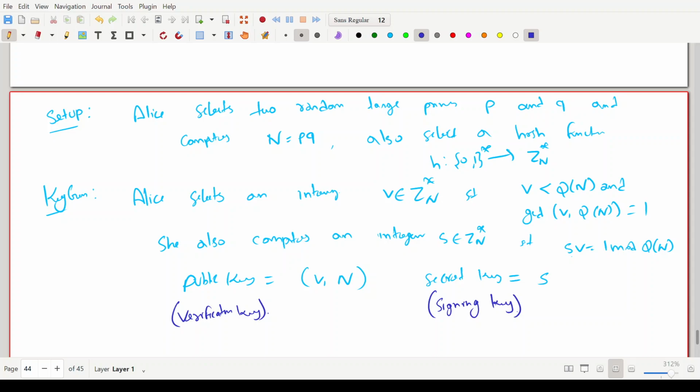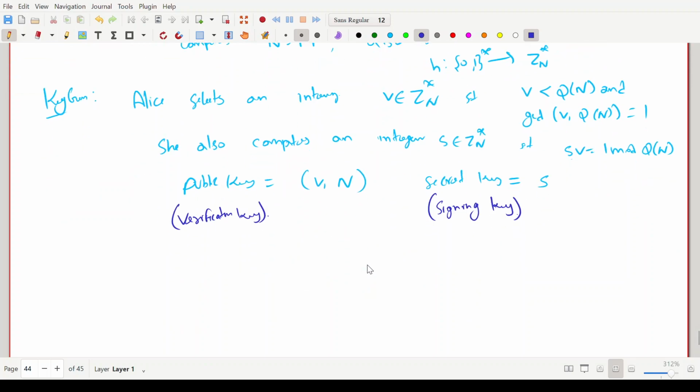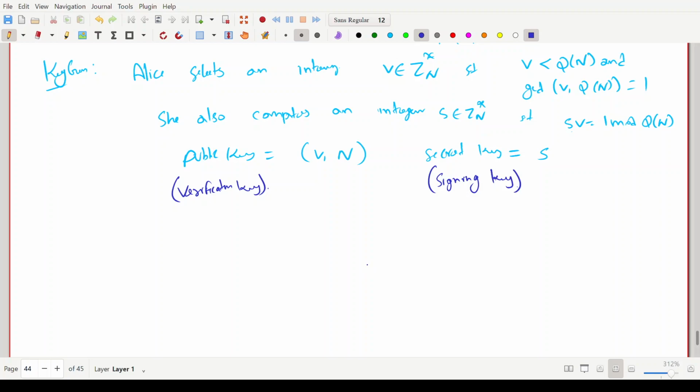Okay, now since we are done with key generation, let us start with encryption. How do you encrypt? To sign a message M, we have M belonging to Zn star, as in the case of the RSA crypto system.